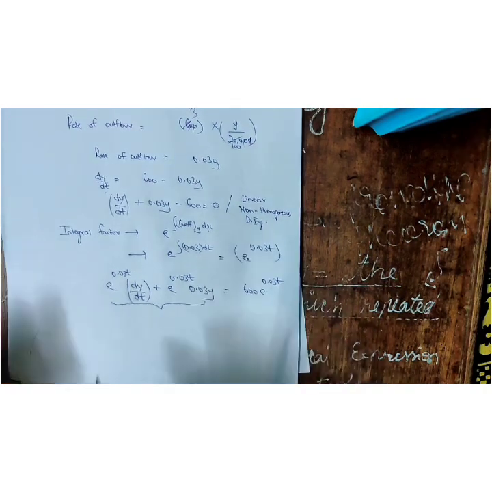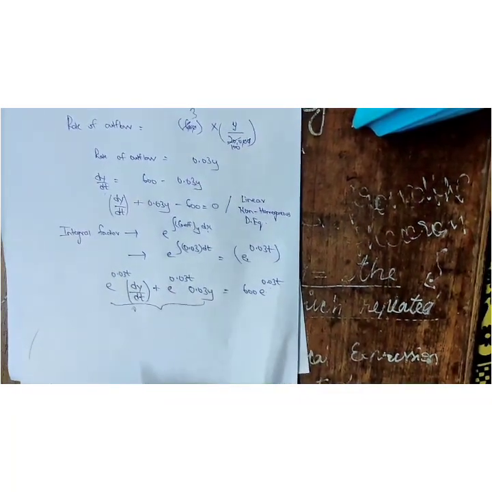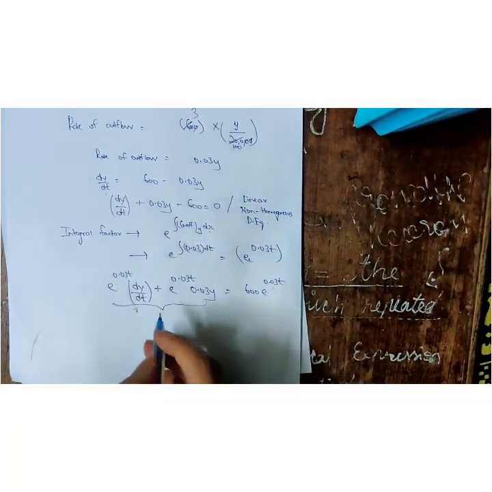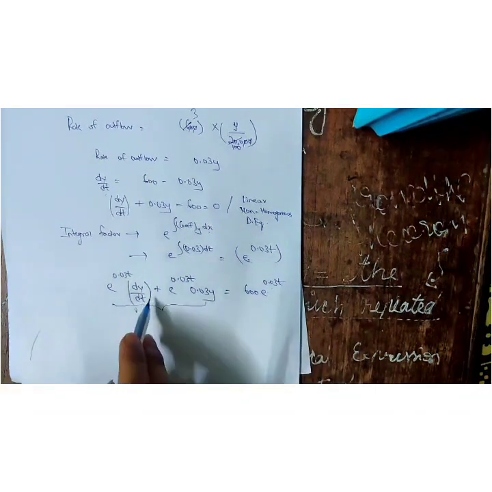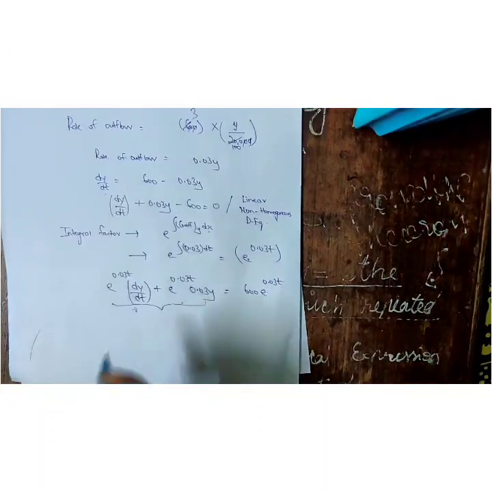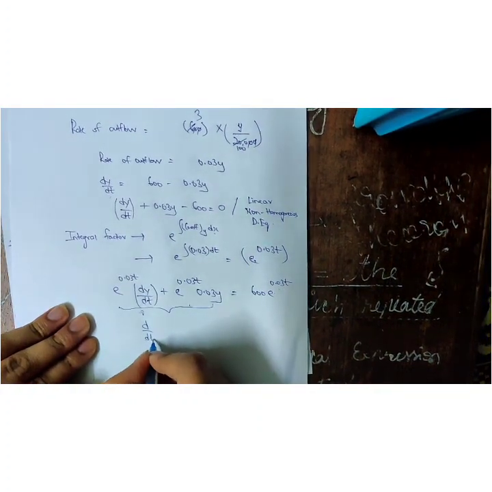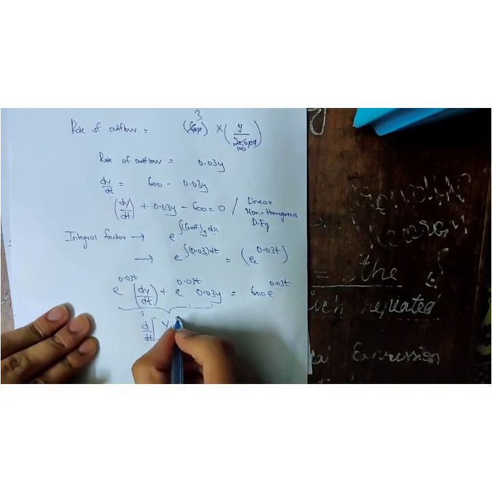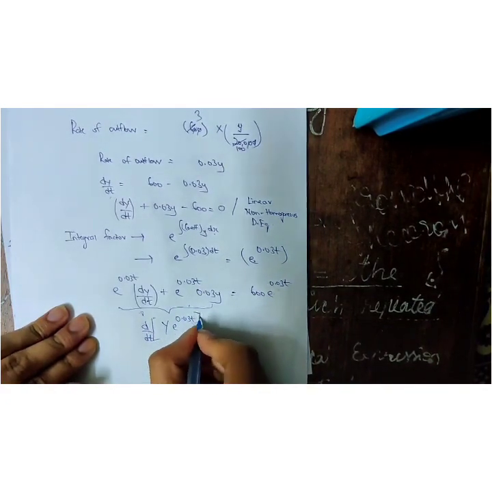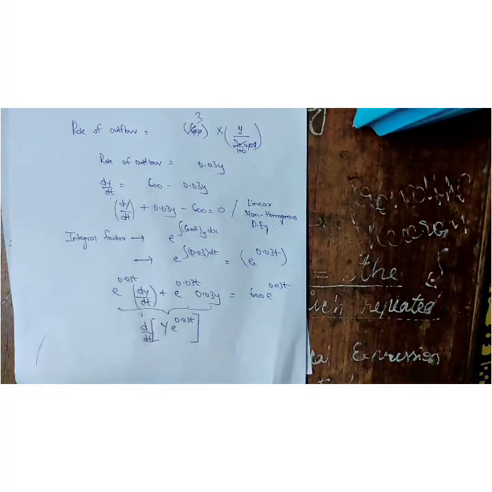Now when you look at this term, what do you find? Don't you find something similar with this term? Just observe it carefully. This can be written as d by dt of y into e power 0.03t. How is that possible?